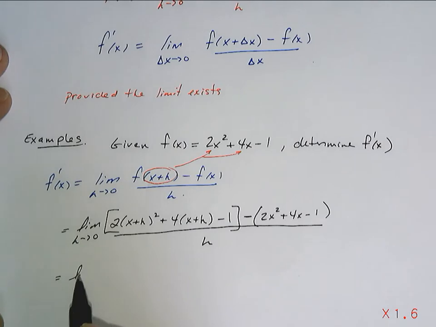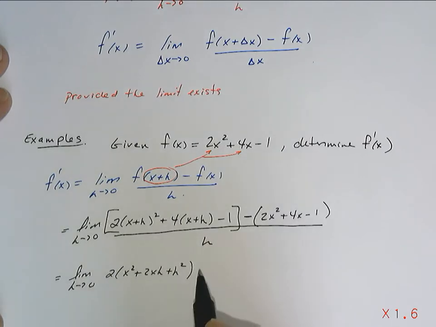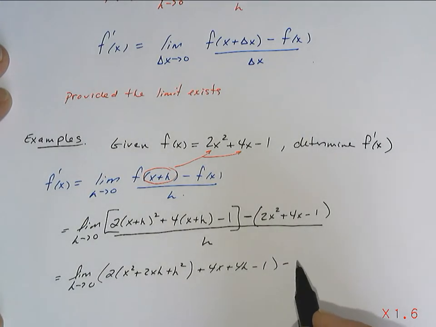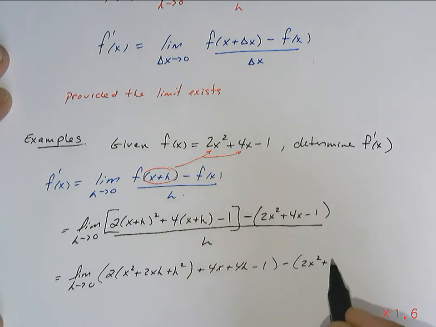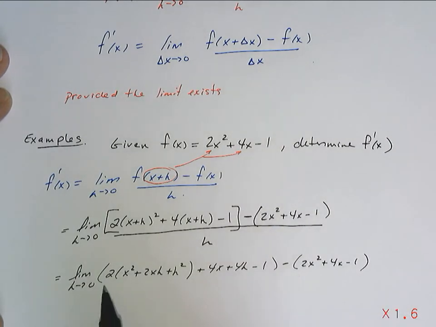The algebra is the same, so it's 2 times x squared plus 2xh plus h squared plus 4x plus 4h minus 1, all subtract 2x squared plus 4x minus 1, all over top of h.